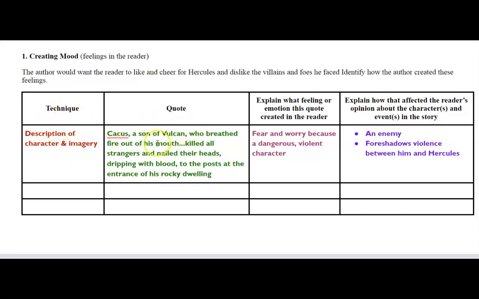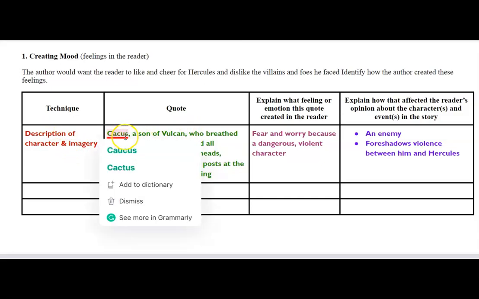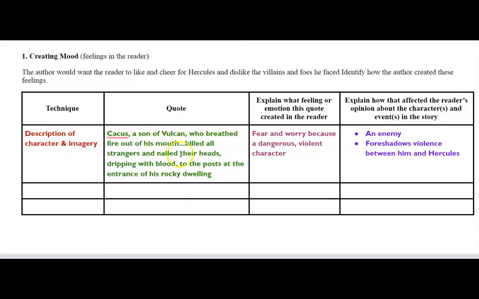I used my example from our lesson on Thursday about Caucus, and this was the quotes that I provided. The feeling that is created is fear and worry because he's a dangerous, violent character based on the quote. And then how that affected my opinion or understanding is clearly I knew he was going to be an enemy, and it foreshadowed violence between him and Hercules.